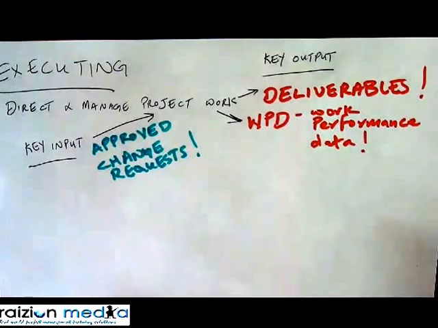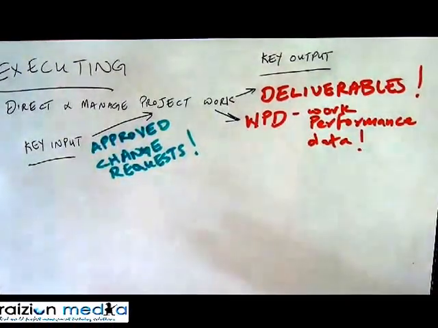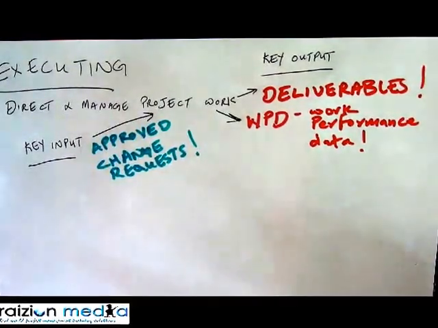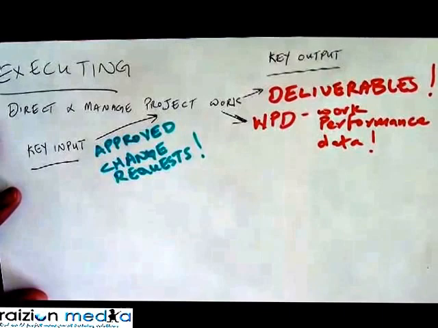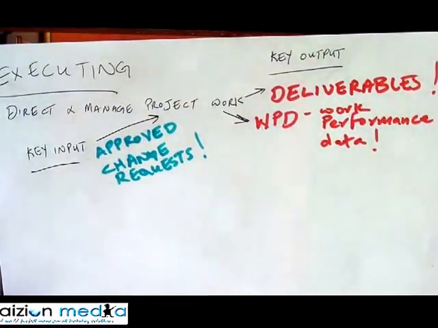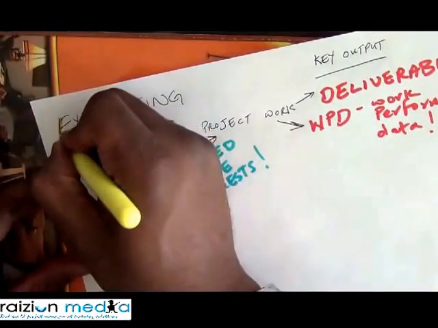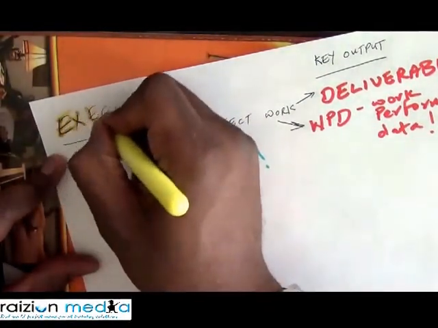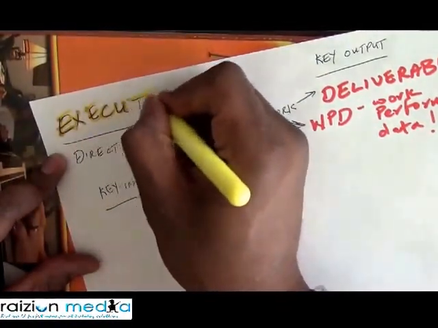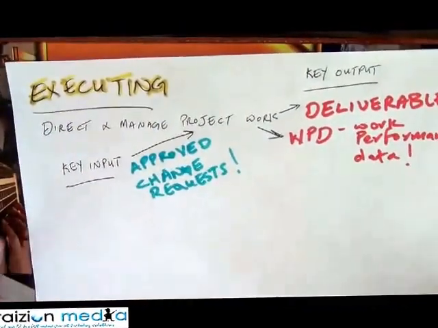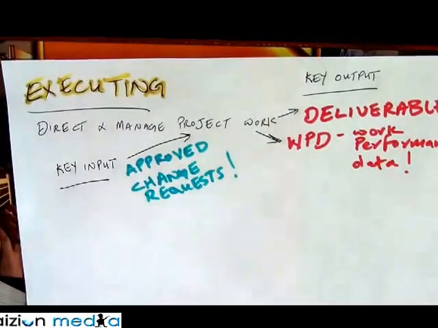So you can see, just thinking about what exactly you're doing and what you're getting out and what you need to do it is so important as you go through each process in executing. Each process in executing should be looked at under a fine-tooth comb. Executing is one of those big ones on the exam.